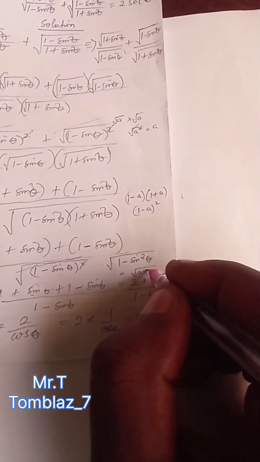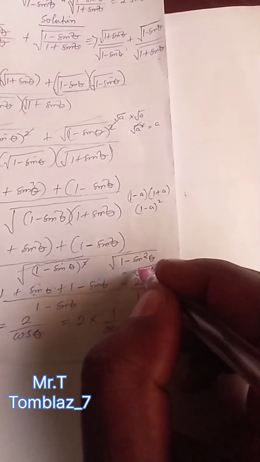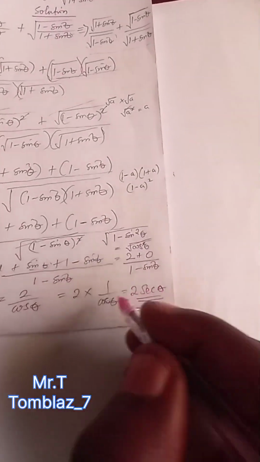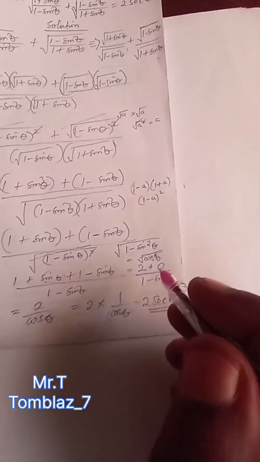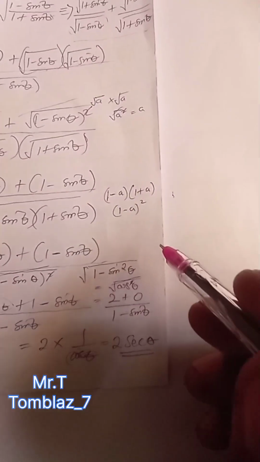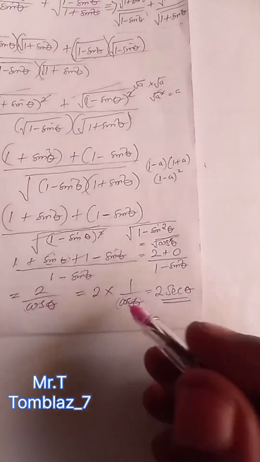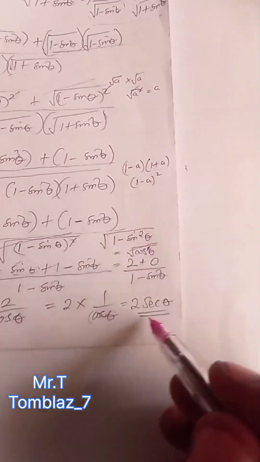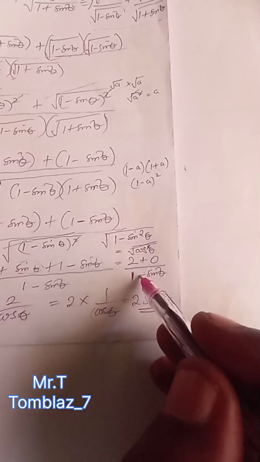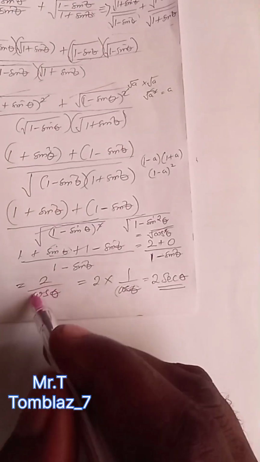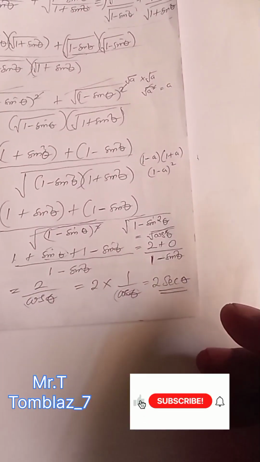Cos squared theta. And then this square can cancel this, so we still have what? Cos theta, right? That's why we have cos theta here. So this operation is still correct. And then we'll have this, and then we are here. So I just say, let me break it down, because some people will not know why I said 1 minus sine squared theta is equal to what? Cos squared theta. Is that okay?